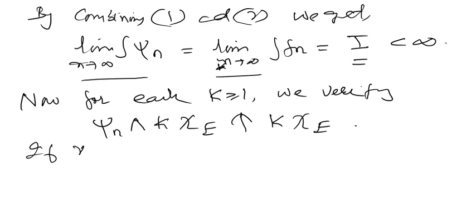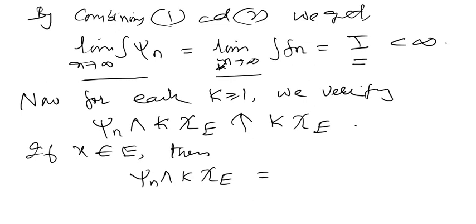If x is in E, then psi n meet k times chi E is just psi n meet k. And what's the limit of this? Now this k is constant. The limit of this will increase because limit of psi n is g. It's g meet k. But since x is in E, g of x is infinity.